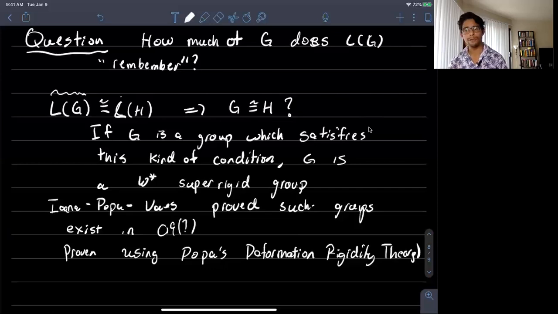But it is a powerful way to try to unravel some of the underlying structure of the group von Neumann algebra, by trying to import certain aspects of the group into this setting of analysis. Again, how much of the group does the group von Neumann algebra remember? This is the main motivating question.